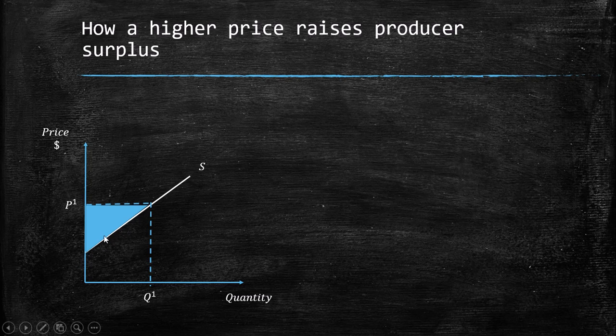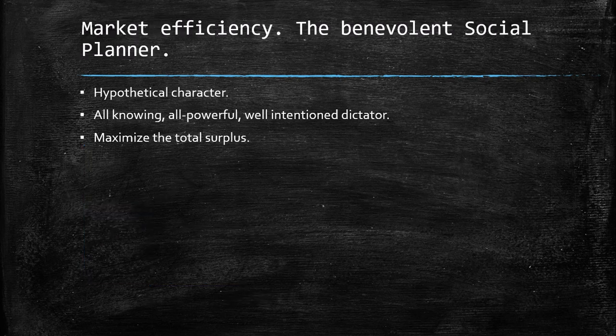For example, if we think about one here, for this price she or he will offer the service, but given that she will receive more, this area is something more than she or he expected. This is the producer surplus.